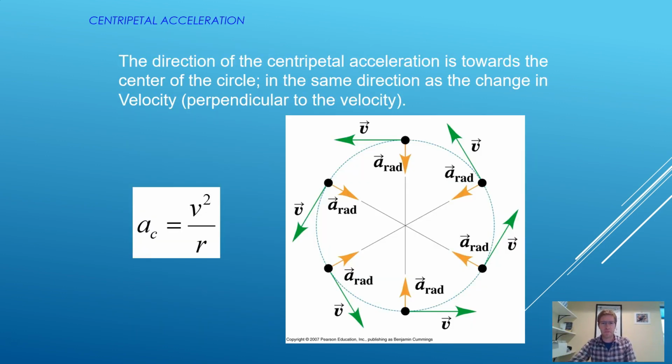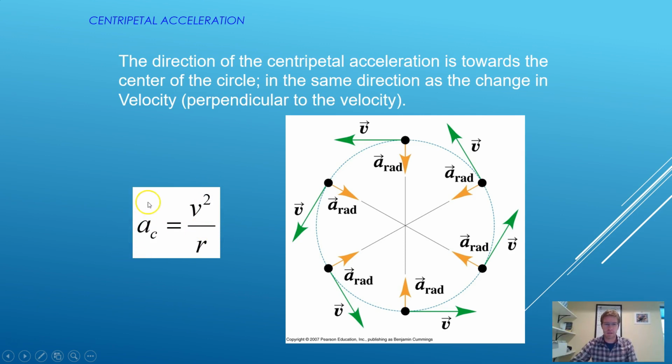So how do we quantify this centripetal acceleration? Again, here you see it a_rad or a_c. Both of those are ways of writing centripetal or radial acceleration. You can derive this from basic principles, and there's a derivation in the textbook. But I just wanted to tell you that the centripetal acceleration is always going to be equal to the speed at which your object is moving squared, divided by the radius, v squared over r.